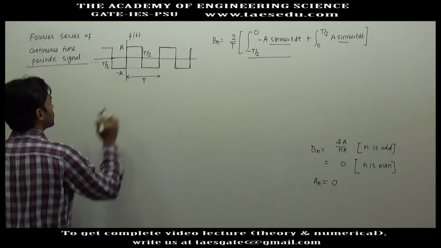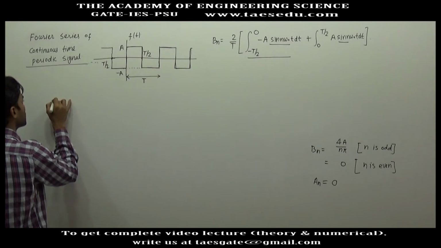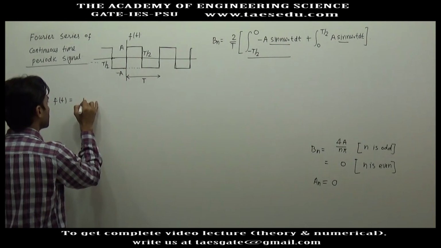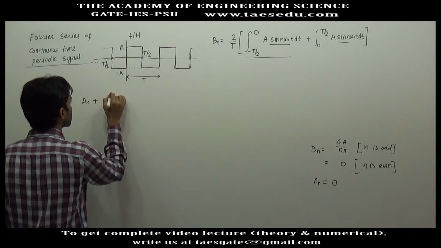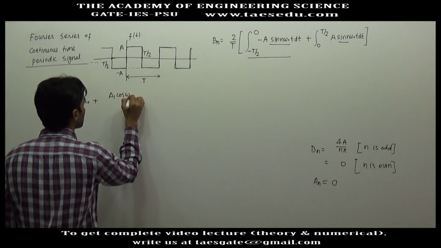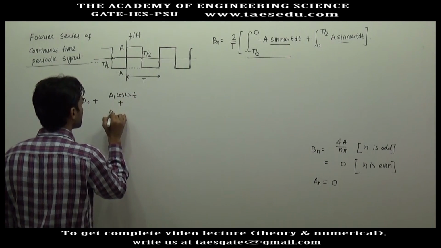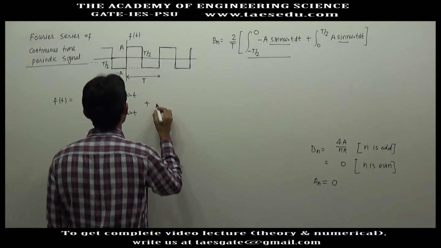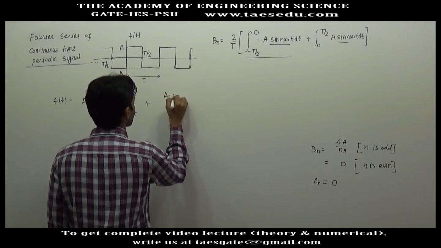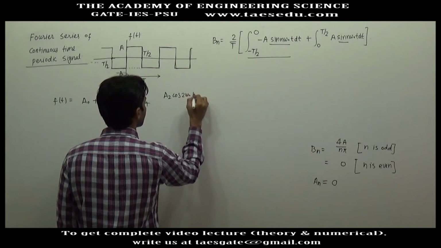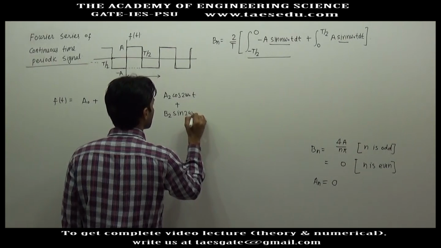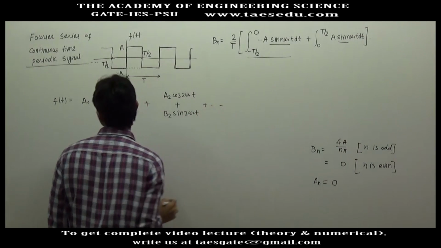Okay, so for sinusoidal representation of this signal ft, I'm first writing the formula: a naught plus a1 cos omega naught t plus b1 sin omega naught t plus a2 cos 2 omega naught t plus b2 sin 2 omega naught t, and so on.